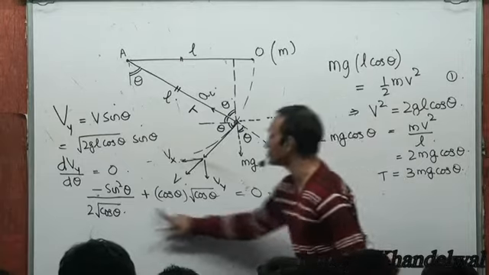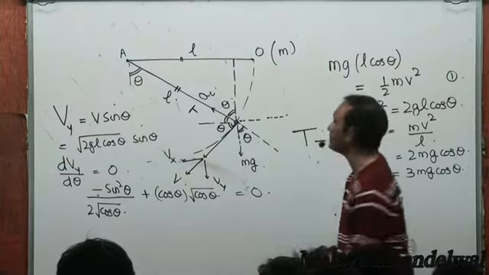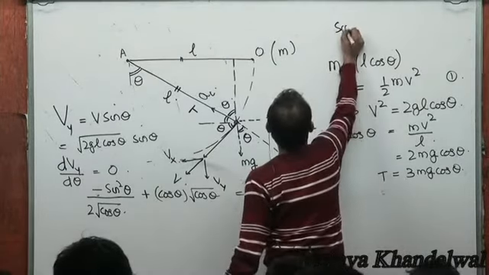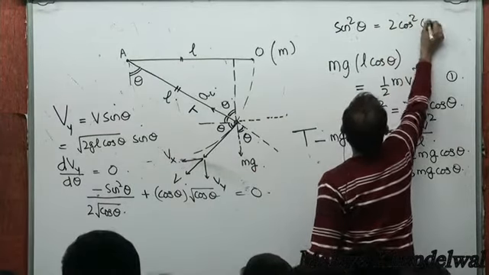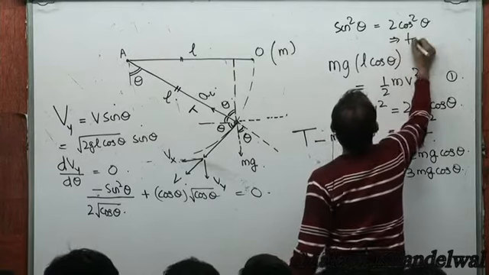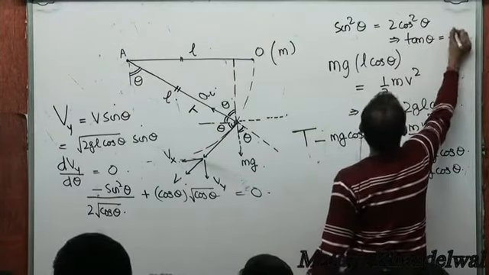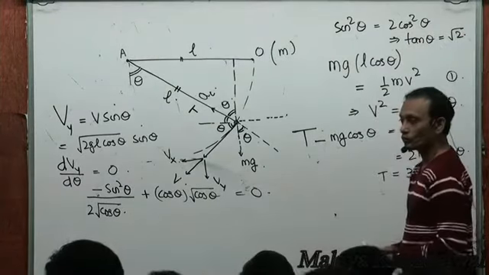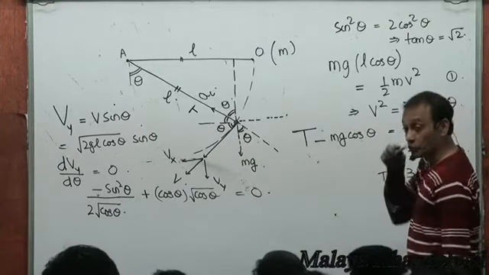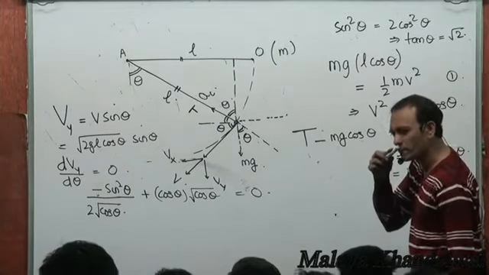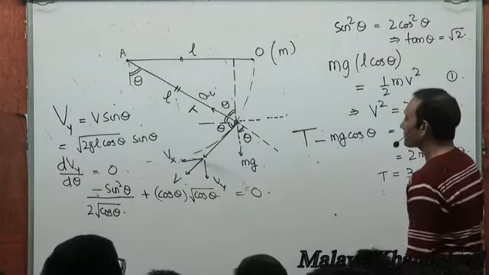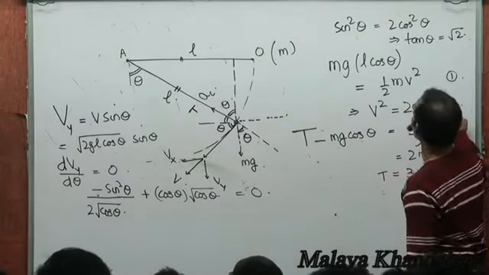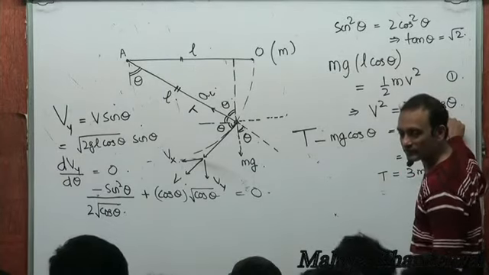I transpose this on this side. So 2 cos square theta is sine square theta. That gives me tan theta equal to root 2. Such must be theta, yes or no? So once I know tan theta, then cos theta is known to me.